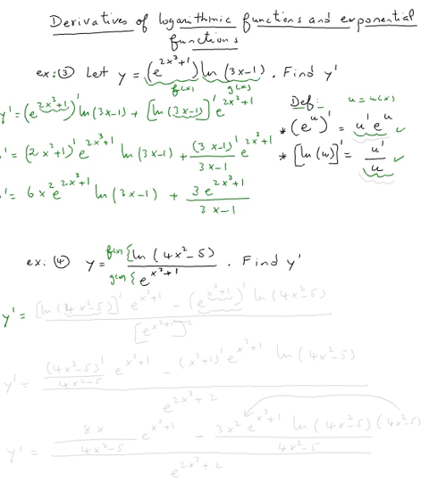So derivative of f of x, derivative of ln of 4x squared minus 5, times g of x, which is e to x cubed plus 1, minus derivative of g of x, e to x cubed plus 1 derivative, times f of x, which is ln of 4x squared minus 5. Everything over g of x squared, which is e to x cubed plus 1 squared.